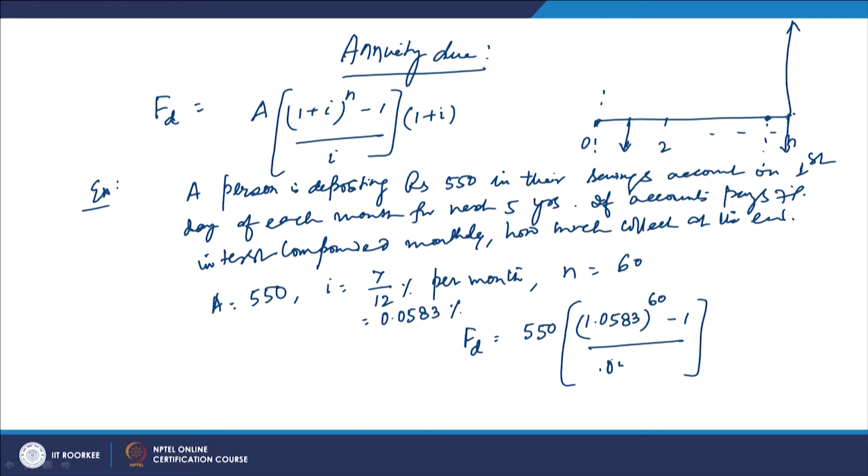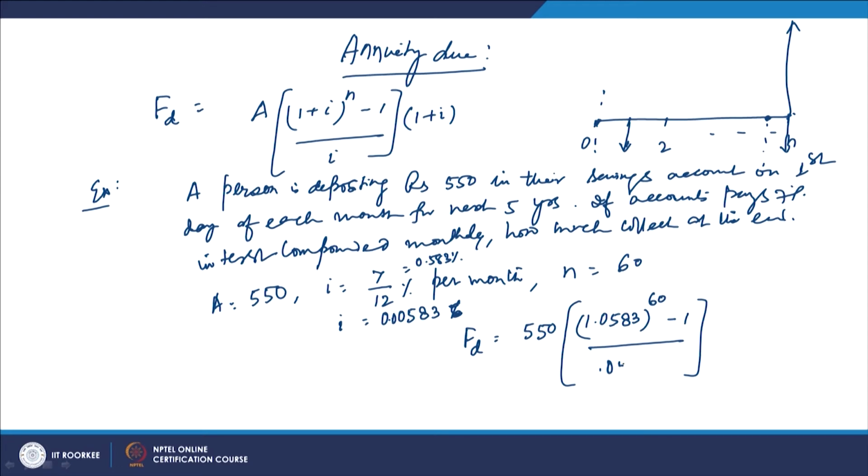So it will be basically 7 by 5% per month, that is 7 over 5 is itself 0.583%. So I is 0.00583.